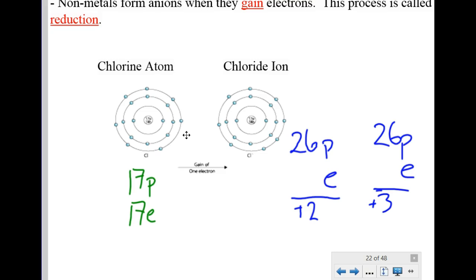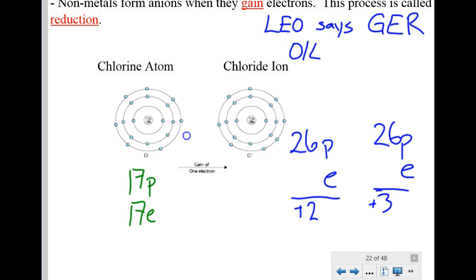We have two silly little sayings that we use to memorize the difference between oxidation and reduction. The first one is Leo says grr. Leo is the Latin name for a lion.